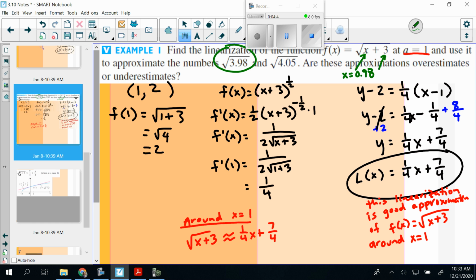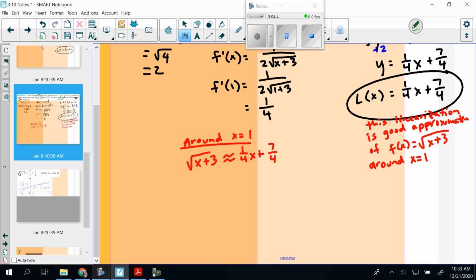So for our linearization here, if we're going to approximate, we're going to use an x of 0.98. That means square root of 0.98 plus 3, or square root of 3.98, should approximately be equal to our linearization when we plug in the same value of 0.98.